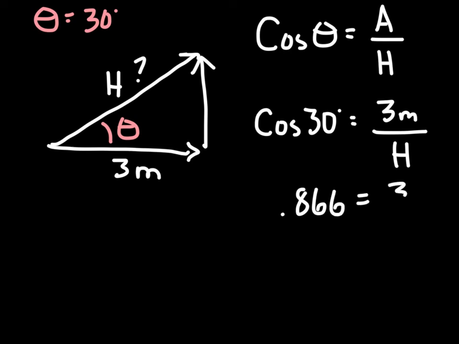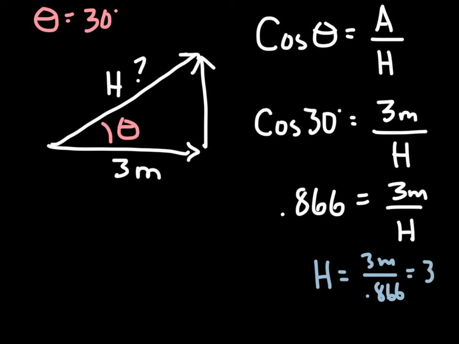If that is equal to 3 meters divided by the side we don't know, we do a little bit of swapping here, algebra, and you are going to determine that h is equal to 3 meters divided by 0.866, and that becomes 3.46, so 3.5 meters. Okay, so that's one way to use this.